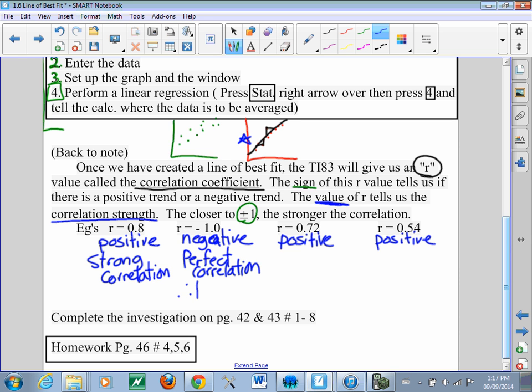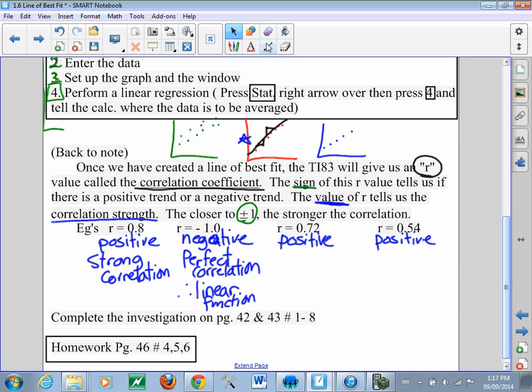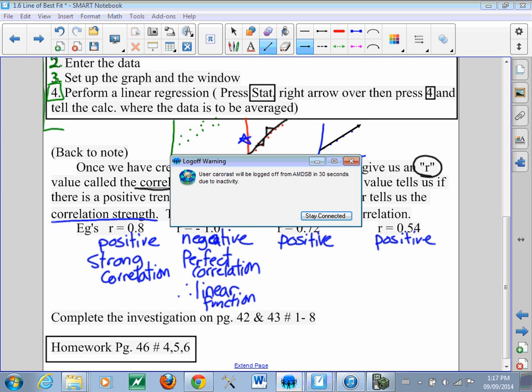Therefore, this is actually a linear line or a linear function. So what that would look like is if I drew all my points and I drew the line of best fit, see how they would all fit on the line.